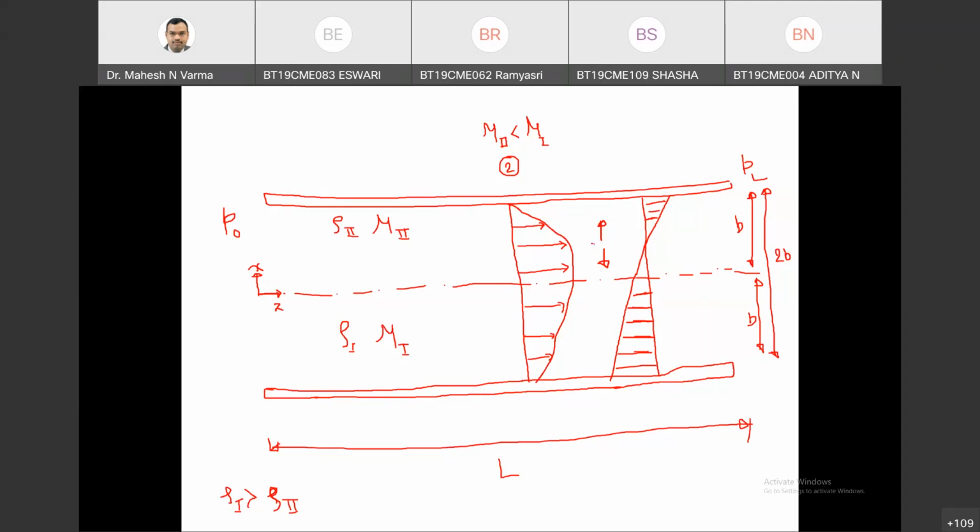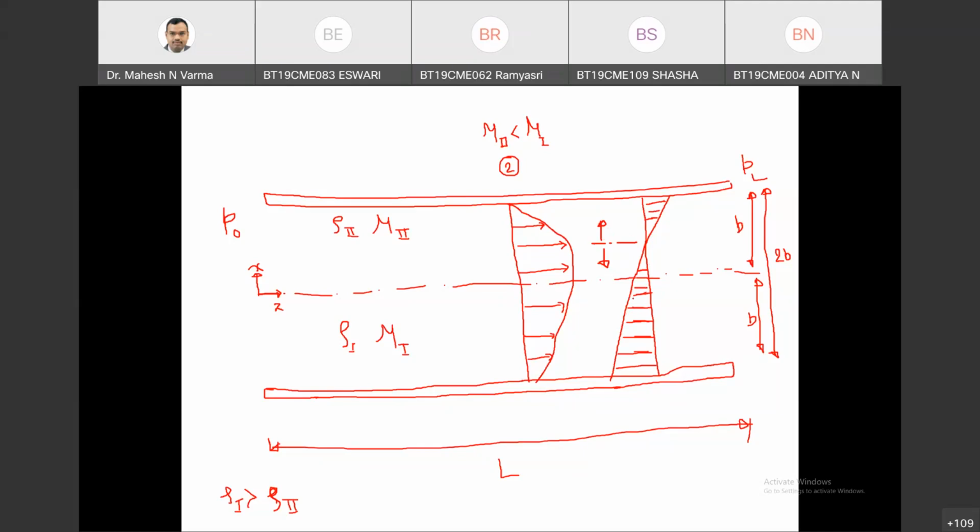Above this line, the momentum flux will be in the positive x direction, while below this line, the momentum flux will be in the negative x direction. That is why this is plotted negative. There is nothing to do with higher velocity or viscosity. Above this the momentum flux is in the positive x direction, below this it is in the negative x direction, as shown by this pictorial representation.